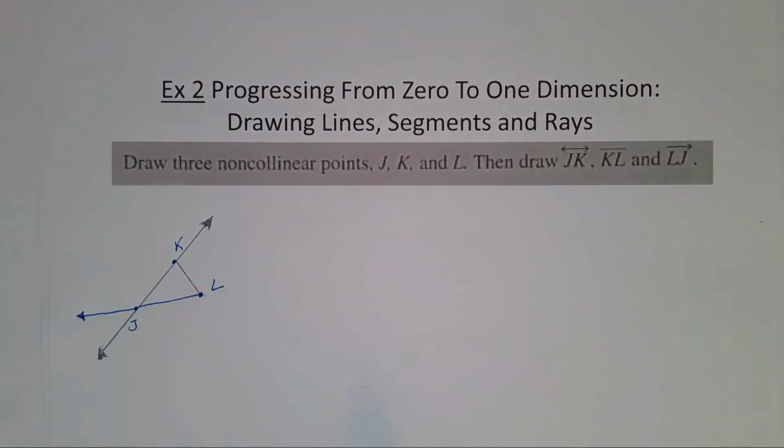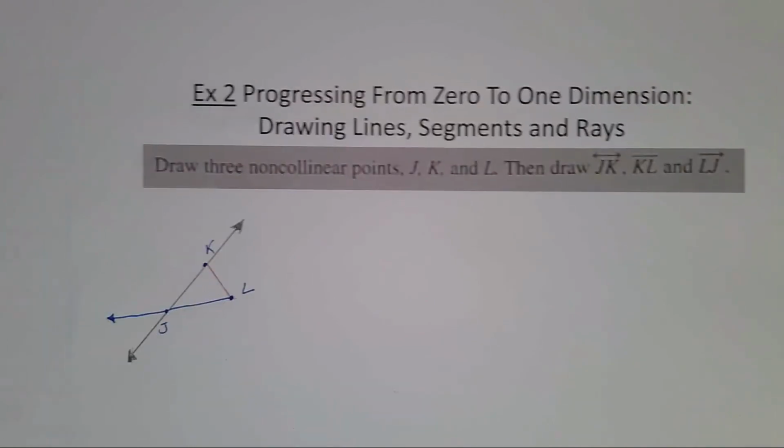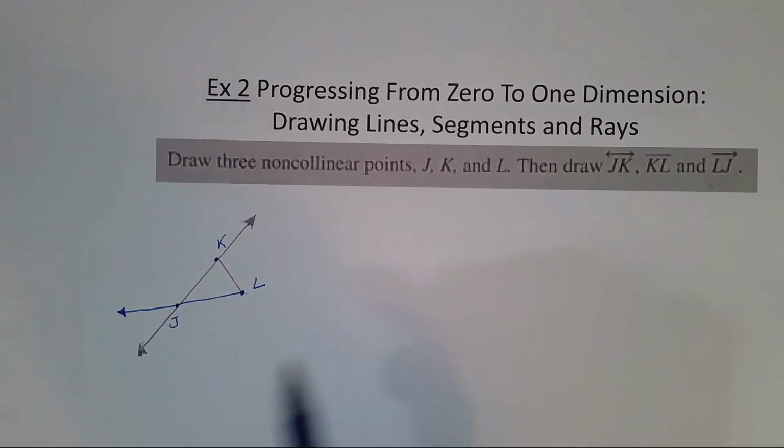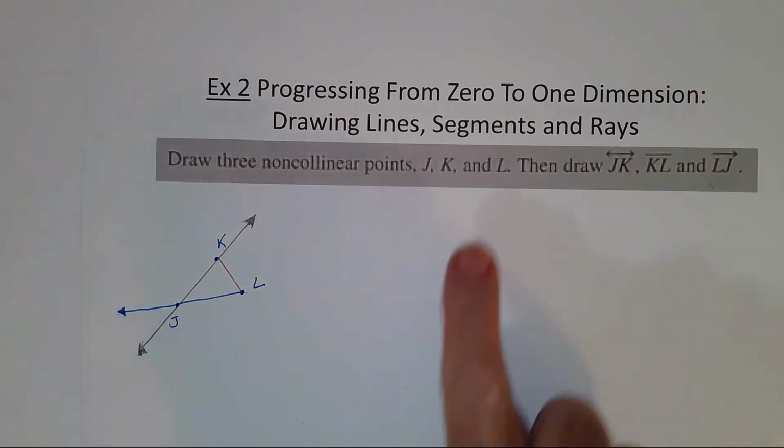So now, what I've got is the three drawings all superimposed on top of each other. Notice that in the middle of it you form a triangle, and we'll get to that kind of stuff later. But you need to be able to follow these directions exactly.